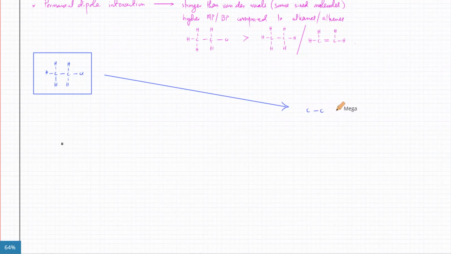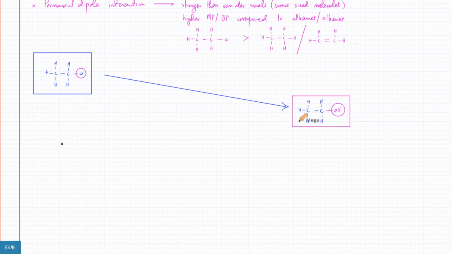So the Cl will get displaced by OH. So instead, you're going to have an OH. Before that, you had a Cl. This is known as hydrolysis.